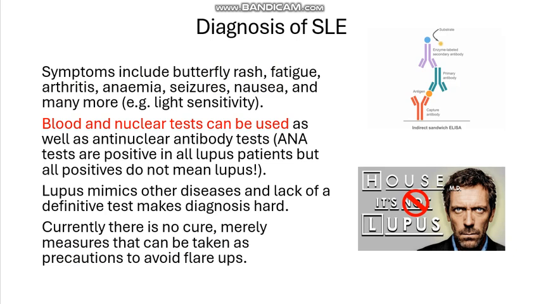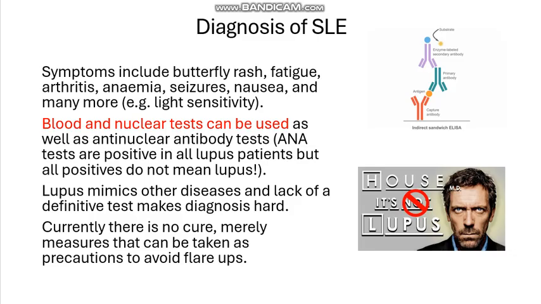Because if you do an ELISA test and you test positive for anti-nuclear antibodies, that does not necessarily mean that you have lupus. Symptoms for lupus include a butterfly rash, which you can see in the bottom right here, fatigue, arthritis, anemia, seizures, nausea, and many more, like light sensitivity.